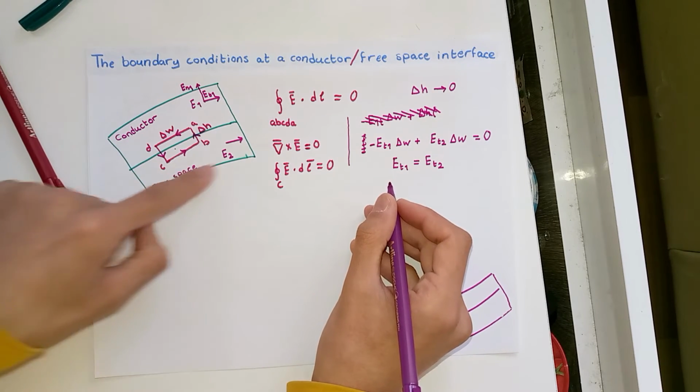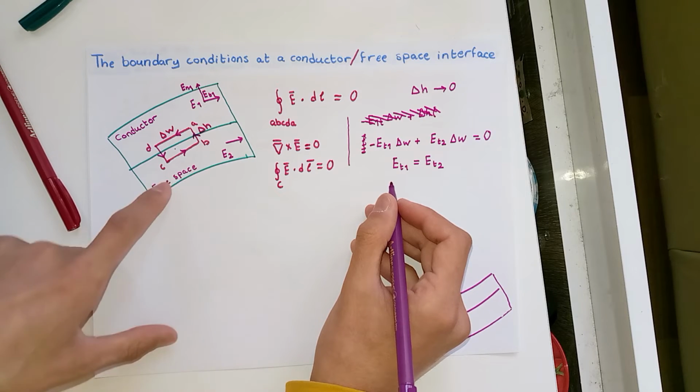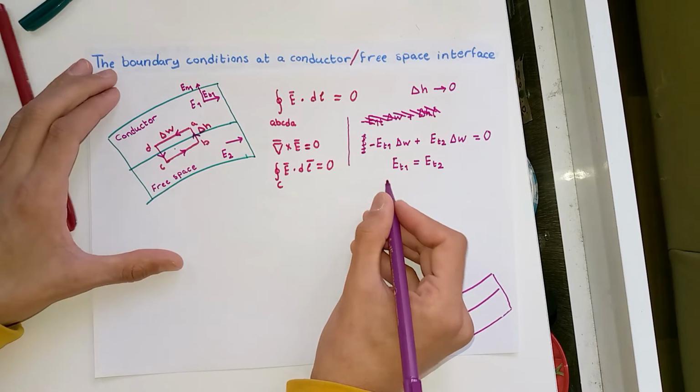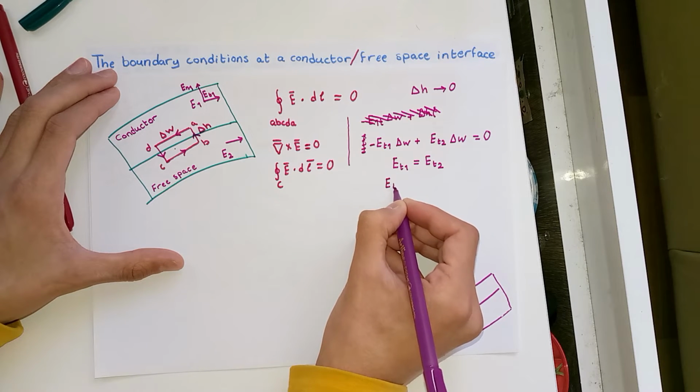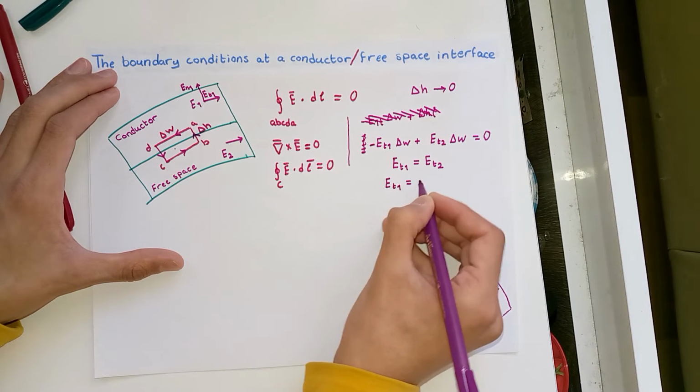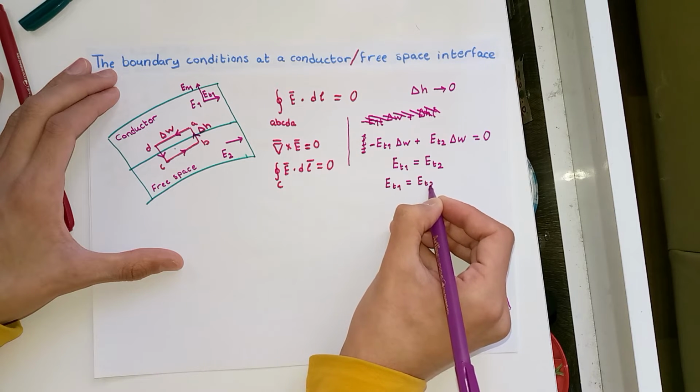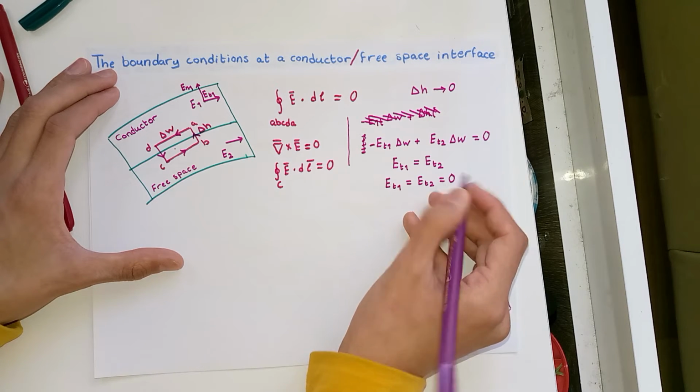So the tangential component of the electric field in free space at the interface is also equal to 0. Let me summarize this by ET1 is equal to ET2 is equal to 0.